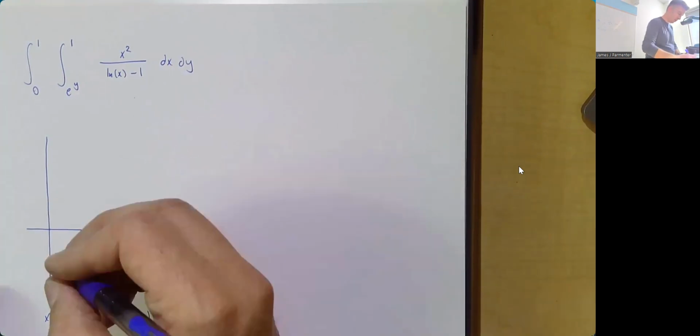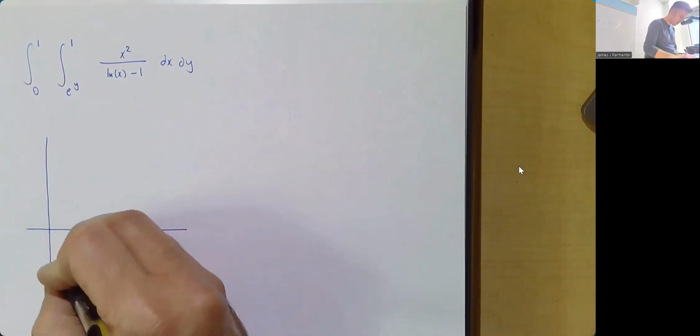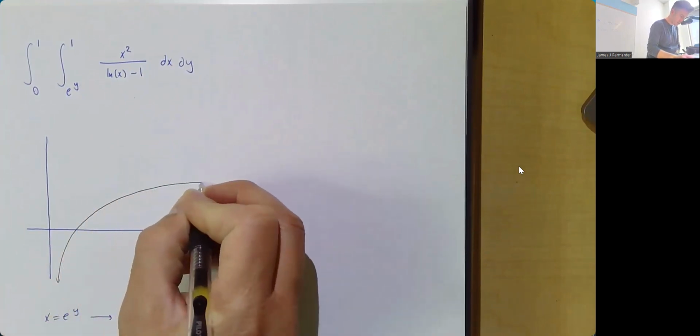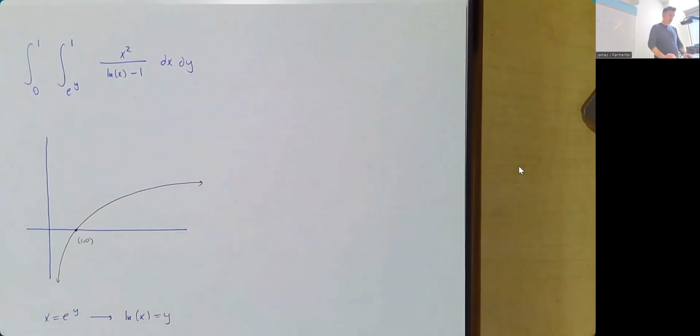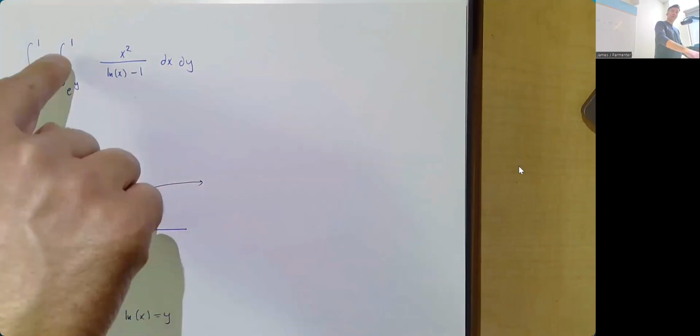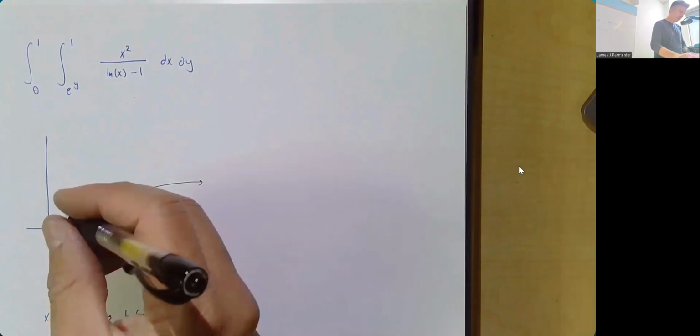That just looks like your usual natural log function, which has an intercept at (1, 0). And for the limits of integration, I should really say left and right, because it's x equals a left thing to x equals a right thing. So my right limit of integration is x equal to 1. And now things are about to become problematic.